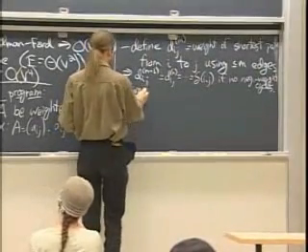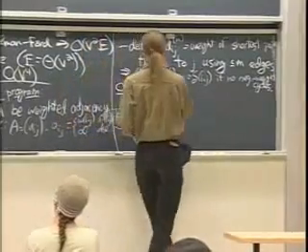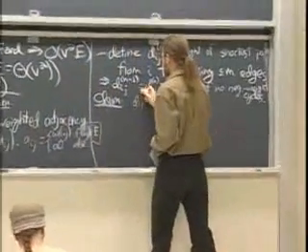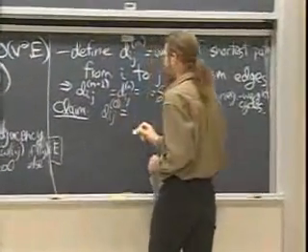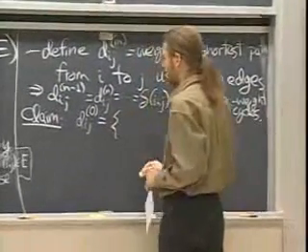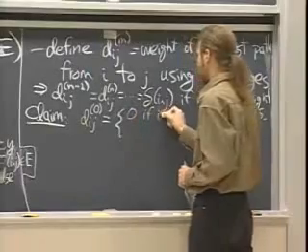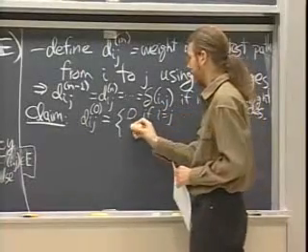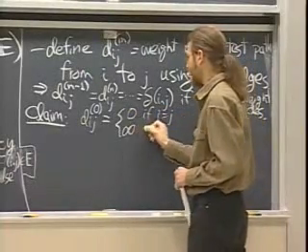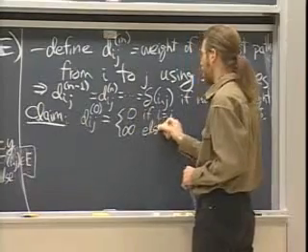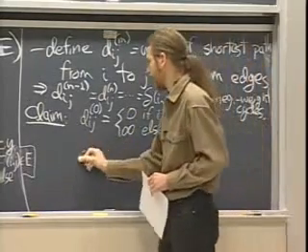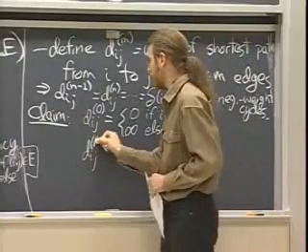Okay, and we get a recurrence. The base case is when m equals 0. This is pretty easy. If you have the same vertices, the weight is 0, and otherwise it's infinity. Okay, and then the actual recursion is for m.